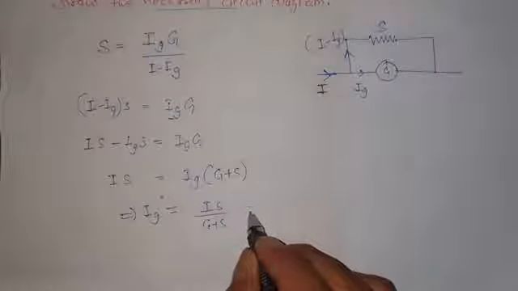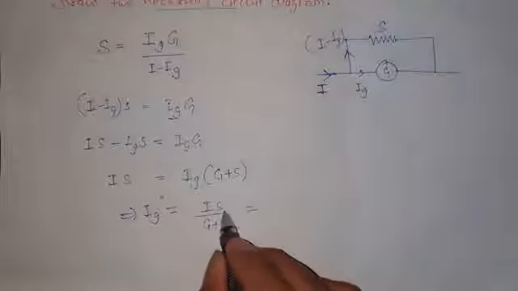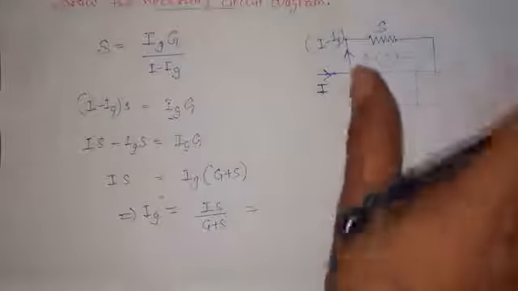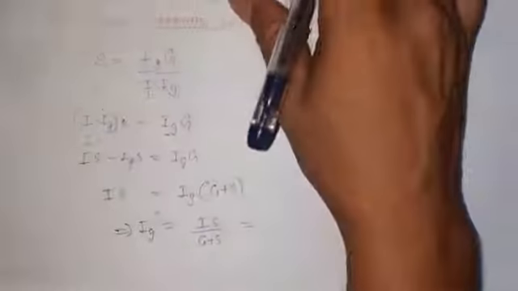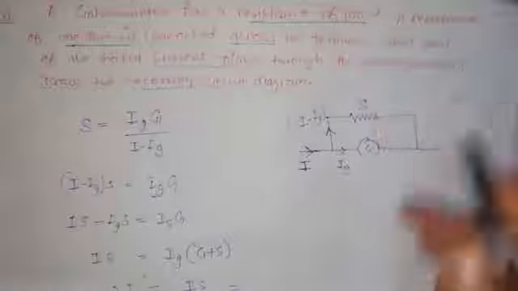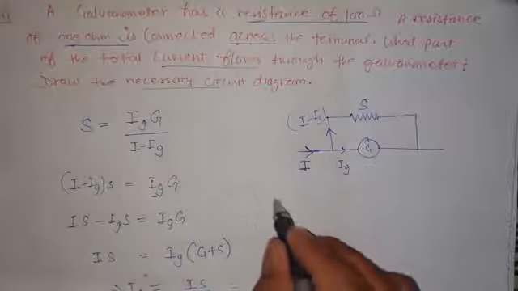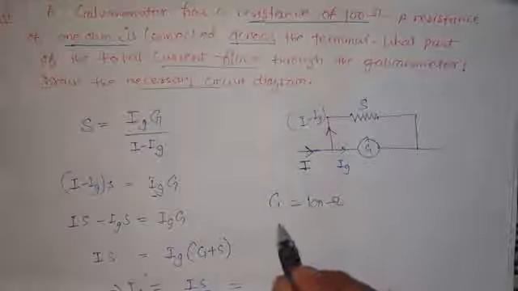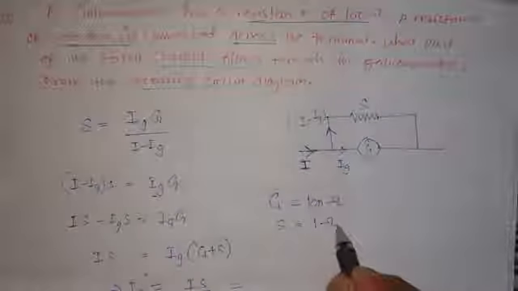Over there, the value of I is not given, but S and G plus S are known to us. So now let us note down the values. Here G is given as 100 ohm, while the shunt resistance is 1 ohm.